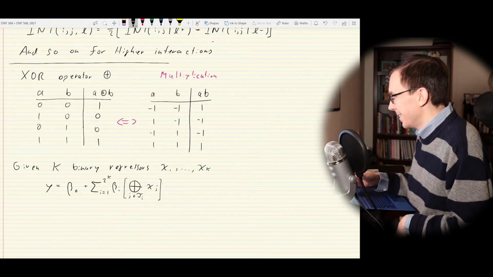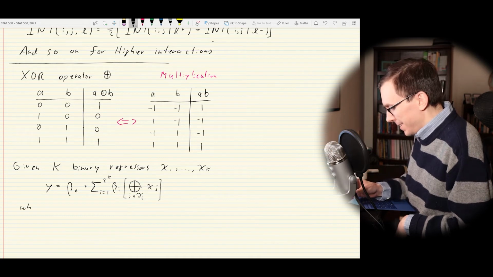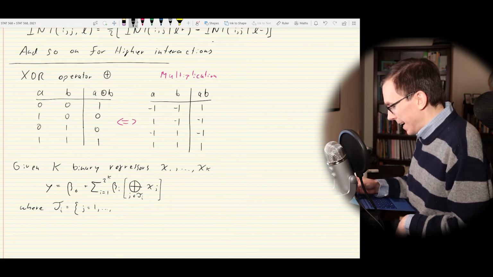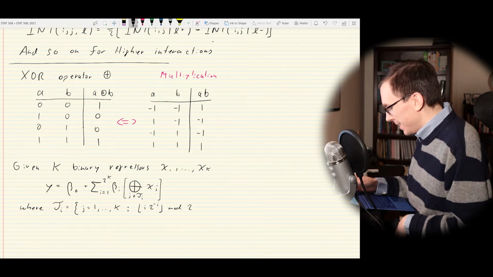And this is where that script J sub i is going to be an index set of j equaling 1 to k, such that the floor of i times 2 to the minus j mod 2 is equal to 1.